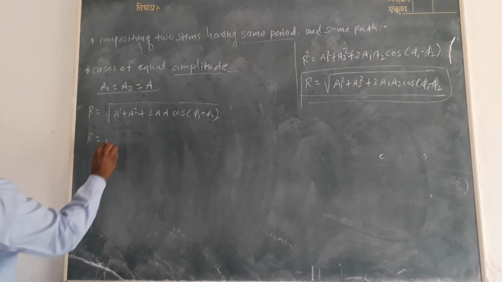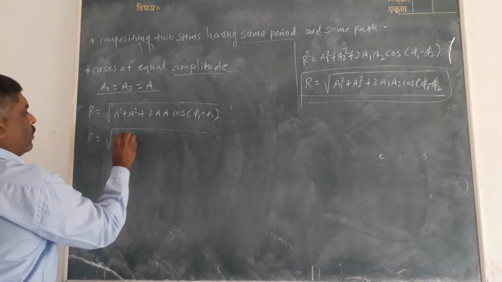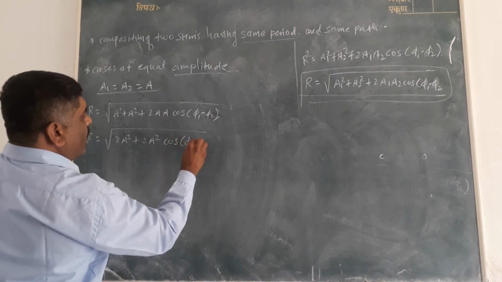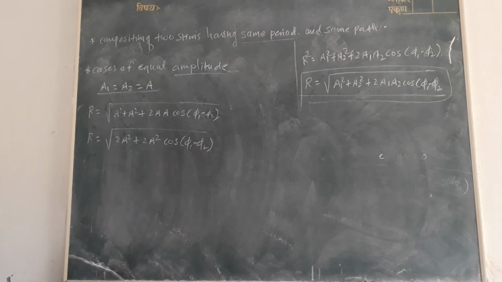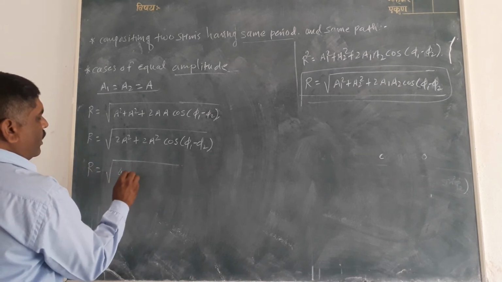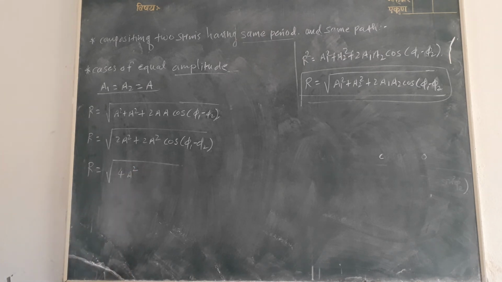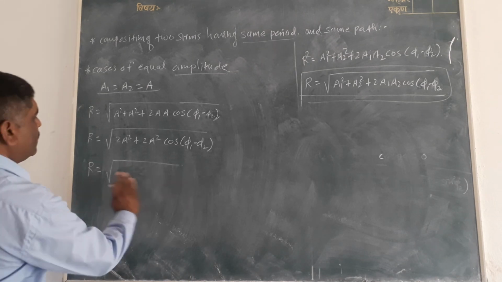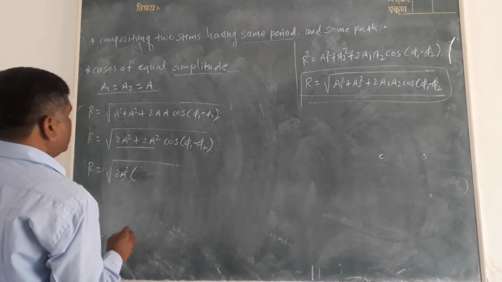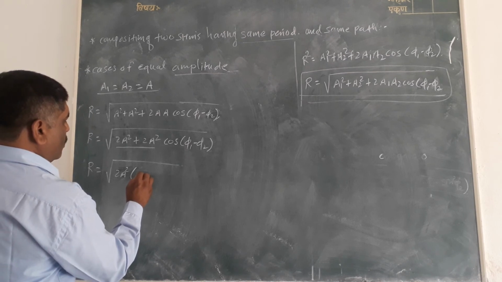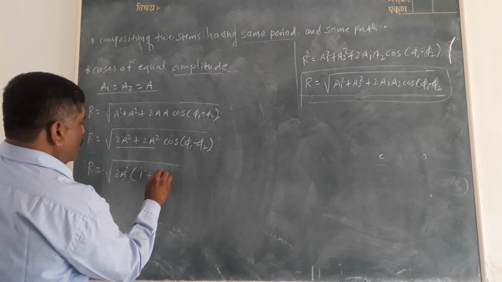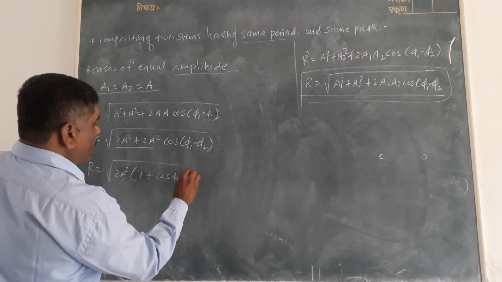Therefore, R is equal to under root 2A square plus 2A square cos phi 1 minus phi 2, or R is equal to under root 2A square into bracket 1 plus cos phi 1 minus phi 2.